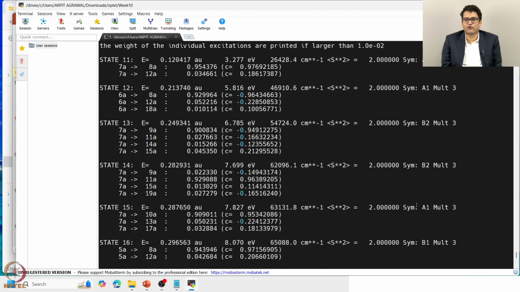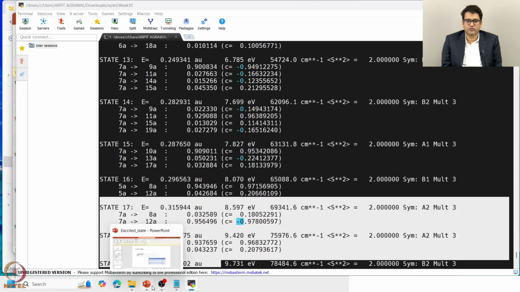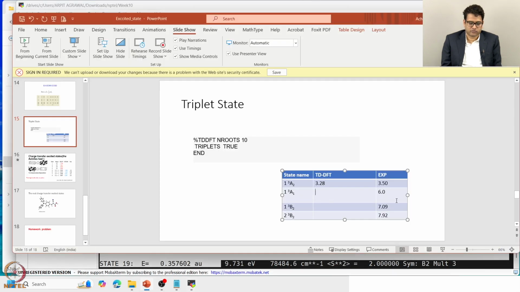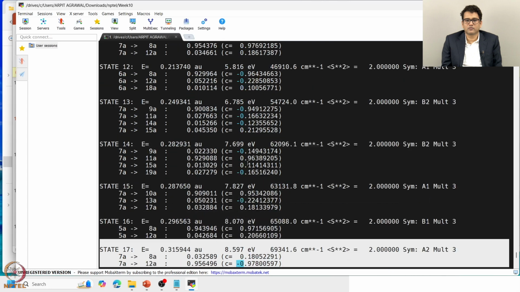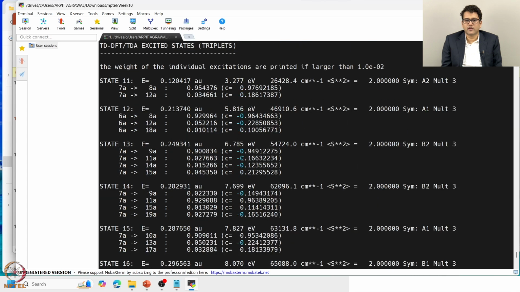In the case of triplet calculation, the second state will be A1 and this is 5.82. For 3B2, next one will be B2, 6.79.